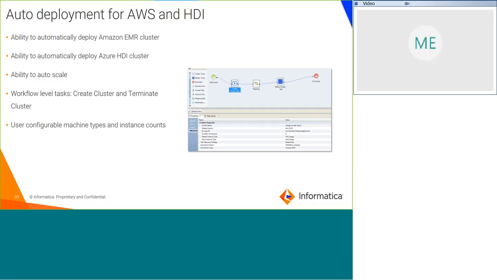You can just put in this create cluster task where we can create a cluster for you, and you just have to provide the number of nodes you need and which region you want us to create that cluster in, etc. Based on the information you provide, we will spin up a cluster on demand when you are running this workflow. We will run all our mappings in this new cluster which we have created, and then we will shut down the cluster on demand, right?